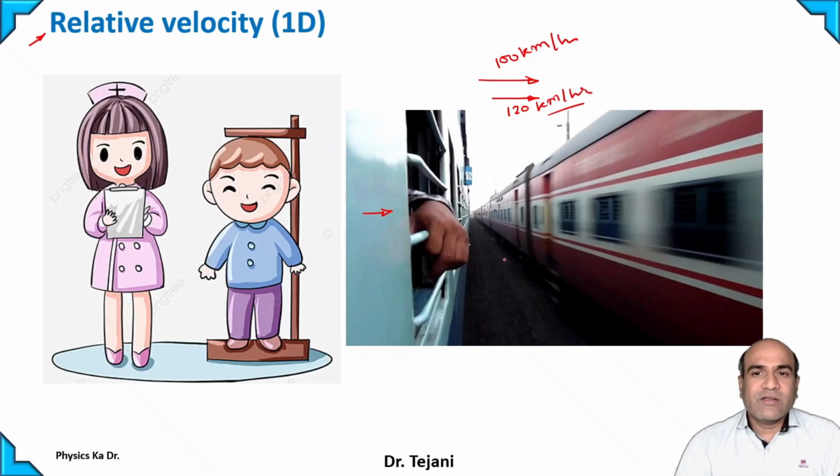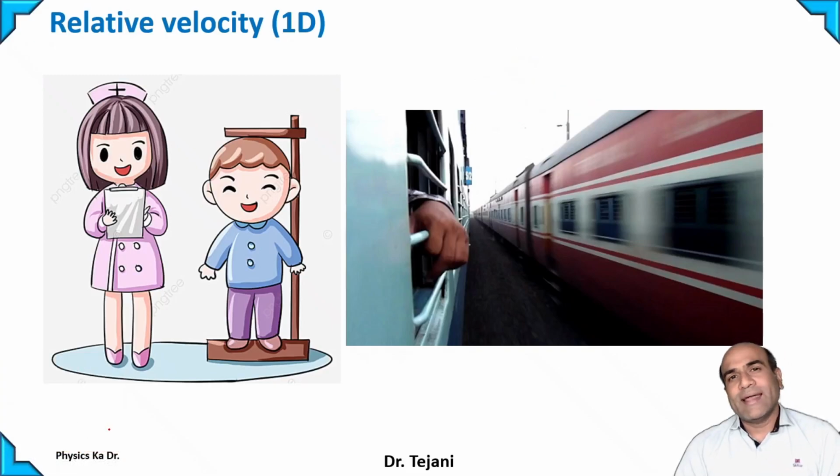So now see here, let's call it train B. We feel, yes, of course, it is crossing the first train, but we never feel that it is crossing at a 120 kilometer per hour speed. We feel somewhat lesser. And that is the relative velocity concept.